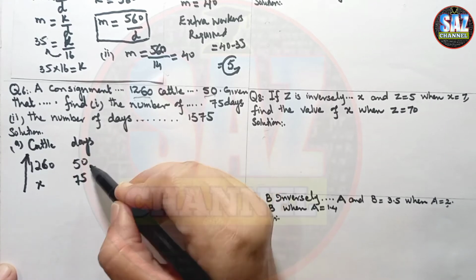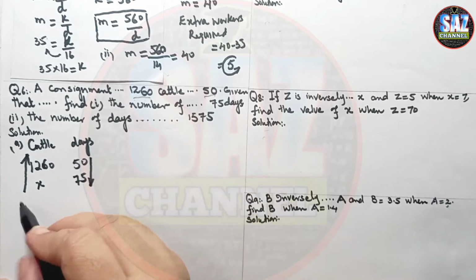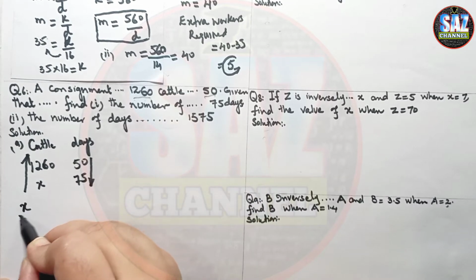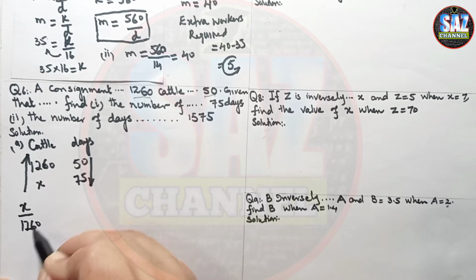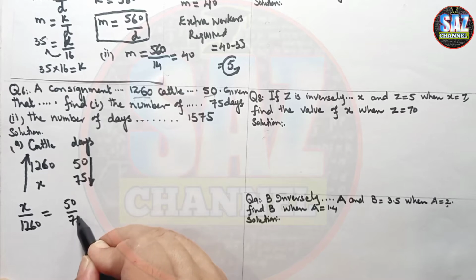So the arrow will be going up from this side and going down on the other. We write the equation x ratio 1260 equals 50 upon 75.